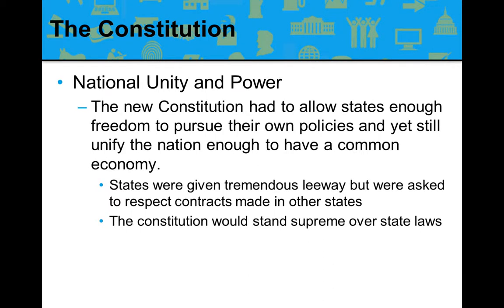So the new Constitution had to balance this power structure between what the states were going to be able to pursue and still be able to have a unified nation, to have a unified economy, for example, as well as deal with issues of defense. So the states were given a lot of power, but were asked to respect each of the other states in the Constitution, and the Constitution would then be the supreme law of the land.